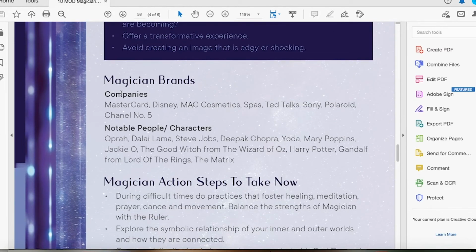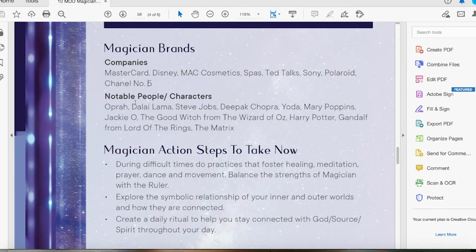The magician brands, these are well-known brands in our society, brands and companies that fall into the world of the magician. So for example, I put spas here. Spas naturally are in the territory of the magician. They're about transformation. And then here, there's other brands that naturally fall into that world of the magician.